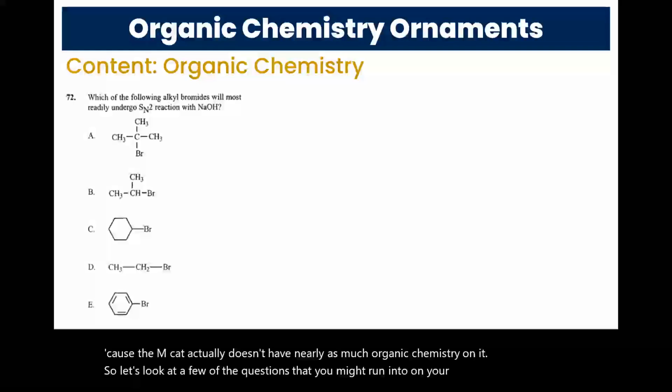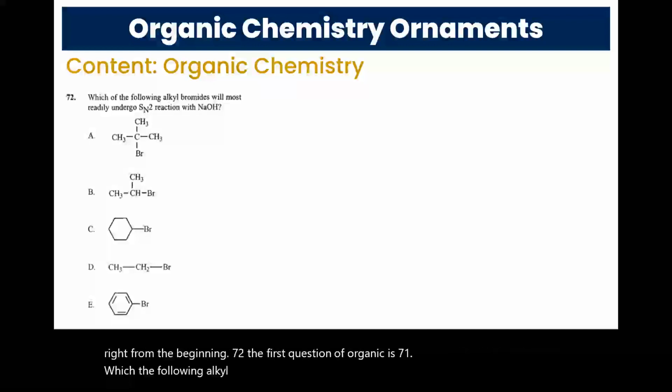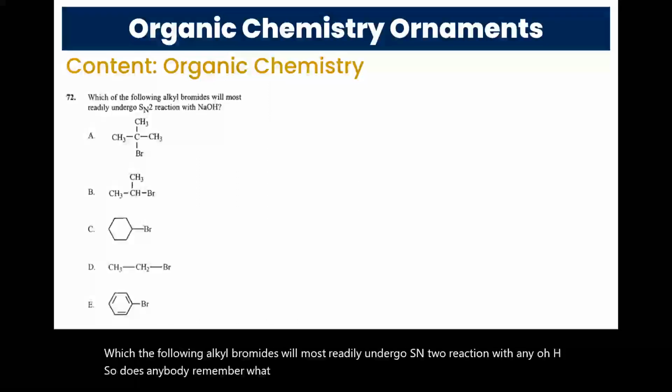So here's just right from the beginning, 72. The first question of organic is 71. Which of the following alkyl bromides will most readily undergo SN2 reaction with NaOH? So does anybody remember what it is they're getting at by asking about this in terms of SN2 and looking at the molecules themselves?